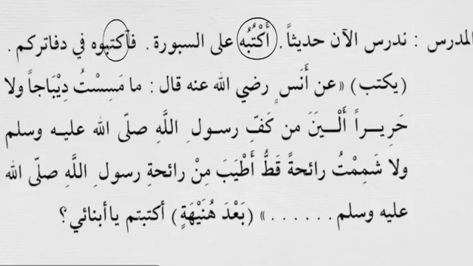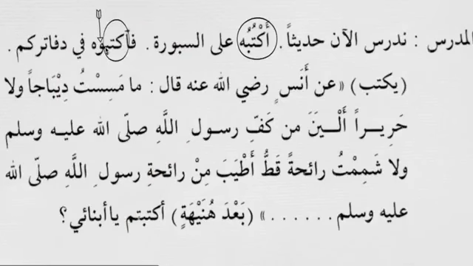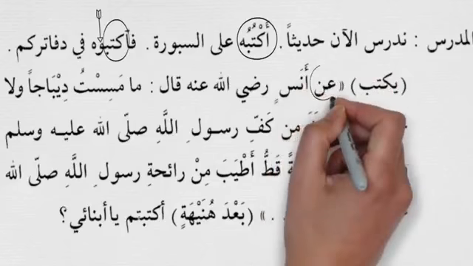Therefore, uktubu. So kataba yaktubu. Uktubu is giving a command. So uktub is a fi'l, and waw is the fa'il which represents antum. So all of you write, and who is maf'ulun bihi. All of you write it fi dafatirikum, in your notebooks. Yaktubu.